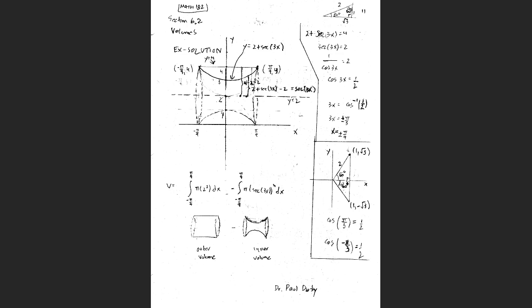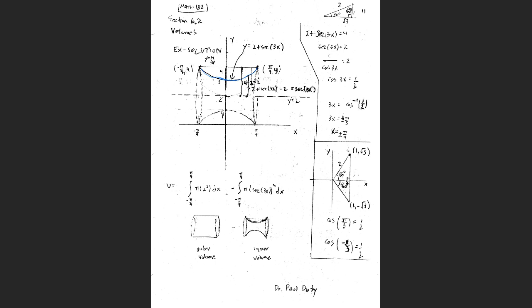So, okay, here's a picture. 2 plus the secant of 3x is here, and you have to make sure your calculator is in radian mode.